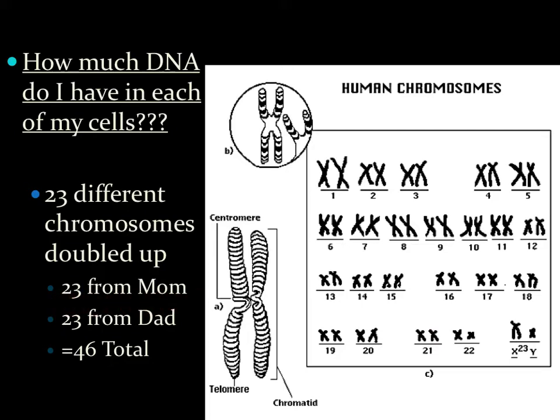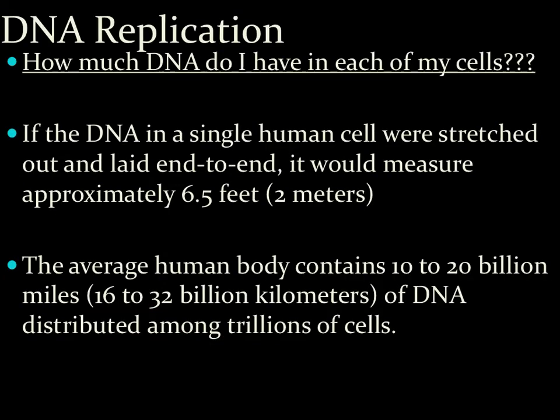So literally, physically, what makes DNA the transferable material is that you will have 23 chromosomes from mom in an egg cell and 23 chromosomes from dad in a sperm cell. So remember, we did a DNA extraction out of strawberries, and these are just some statistics.